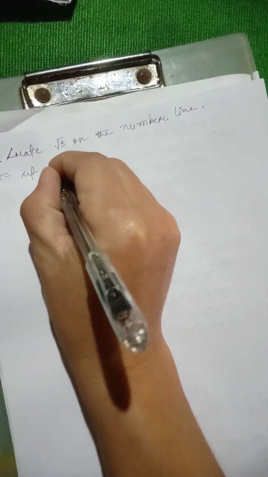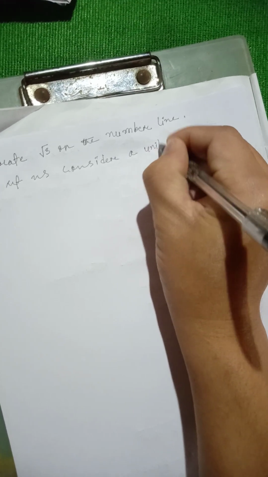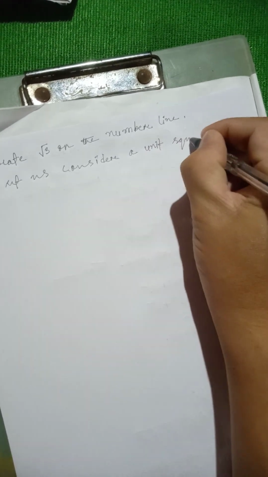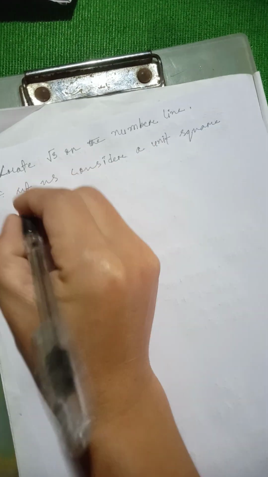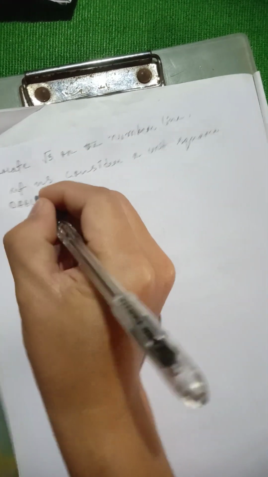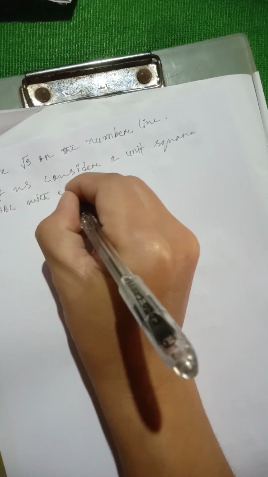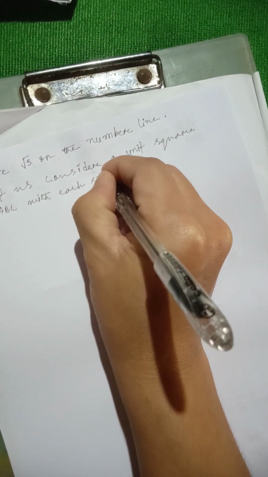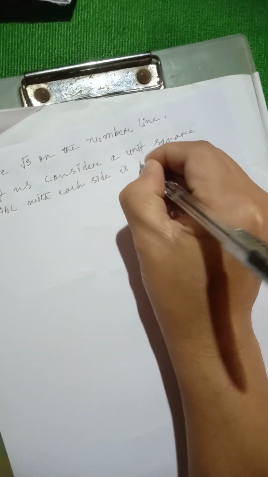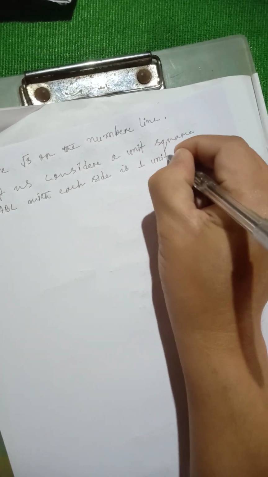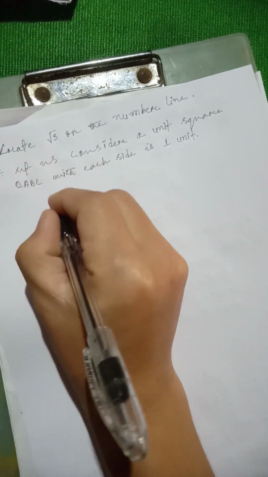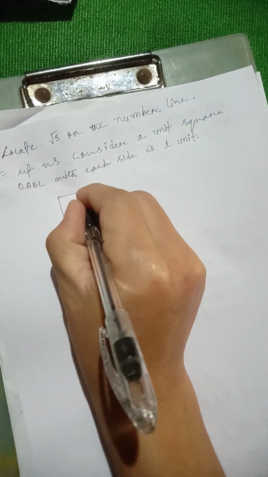So let us write here, let us consider a unit square OABC with its side 1 unit, okay?